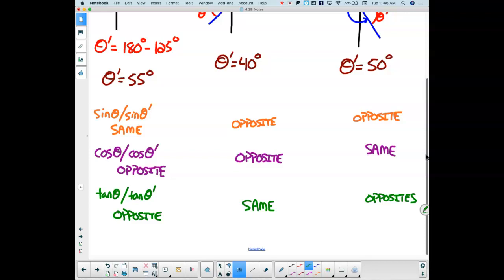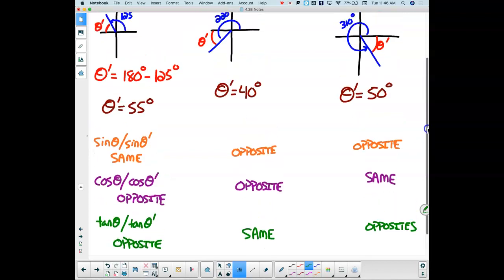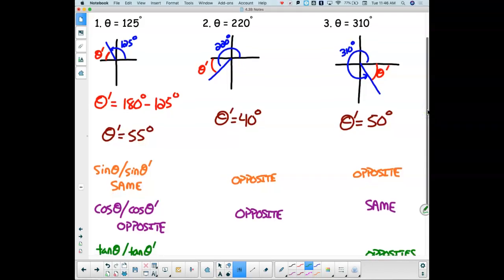Okay? Does that make sense? Greta, why does that make sense to you? I'll go back up to where the actual pictures are. It makes sense because of the quadrants that they fall in. That's the only reason. Because of the quadrants that they fall in.